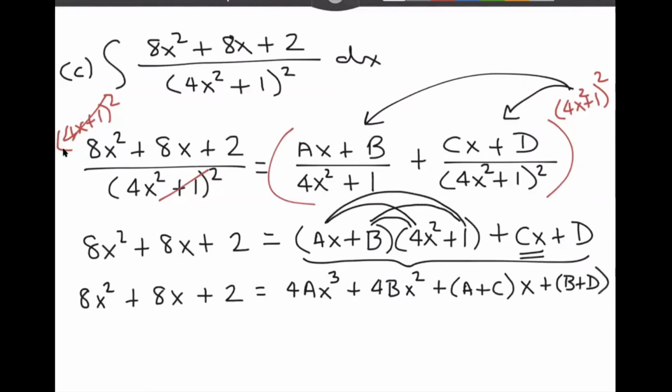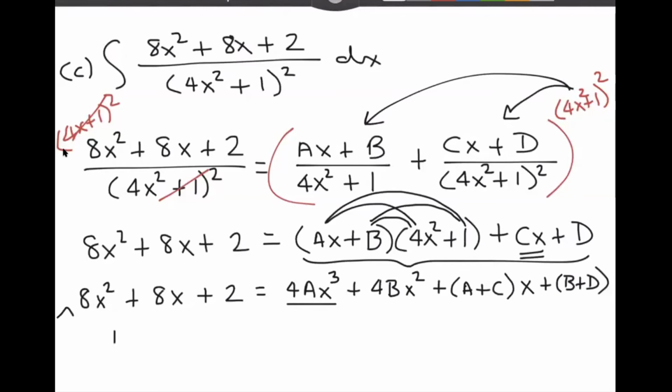Remember what I said earlier. This equation is true for all values of x. And when you have two polynomials that are equal for all values of x, that means they are the same polynomial, which means they have the same coefficients. So for example, the x³ coefficients are going to be the same, and the x³ coefficient over here is 0.